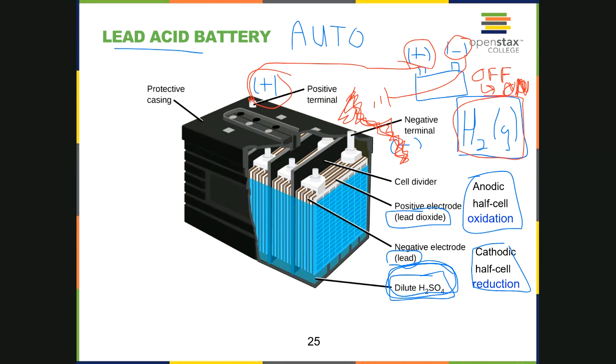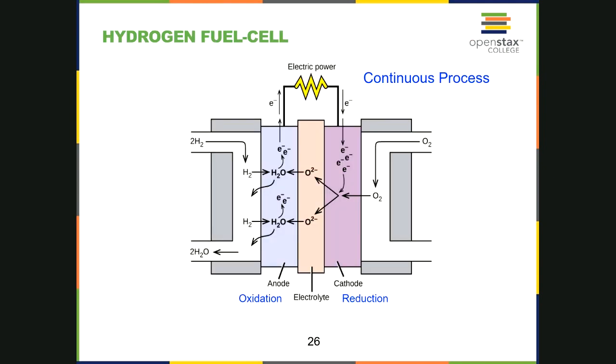Okay, let's now go to fuel cells. So the main thing about a fuel cell is that it's a continuous process. With a battery, it's producing electricity until the battery is consumed.